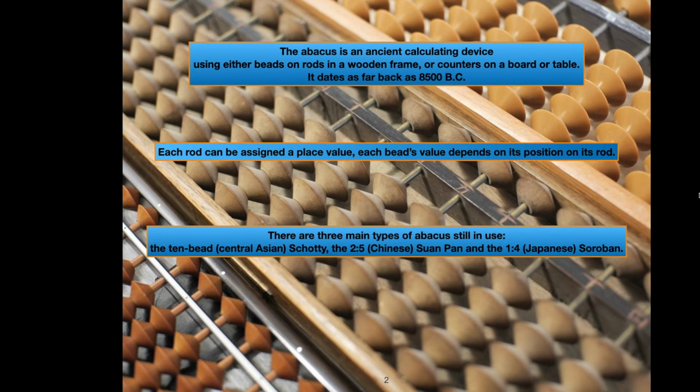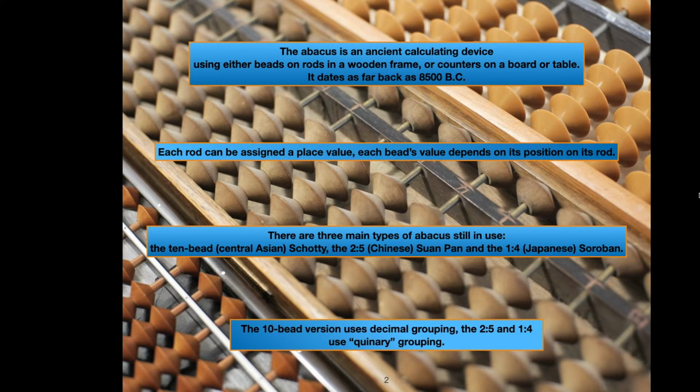There are three main types of abacus still in use today and still being made. The 10-bead or Central Asian or Russian abacus, which is known in Russian as something like shchoty. And then there's the 2-5 abacus in China that's known as something like suanpan. And then the 1-4 abacus in Japan known as soroban.